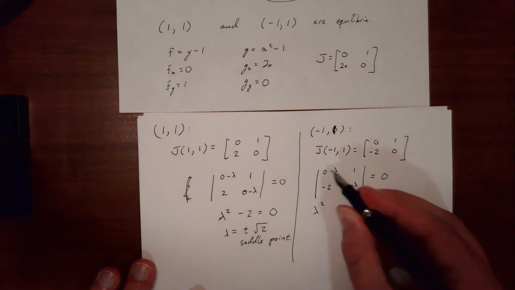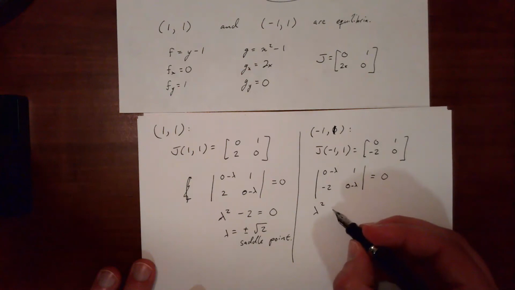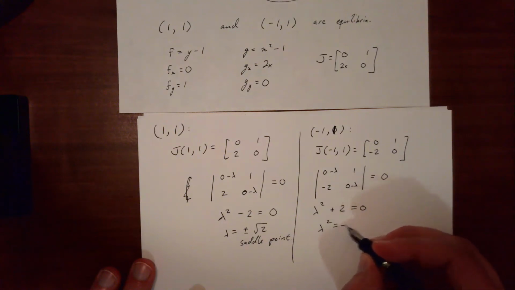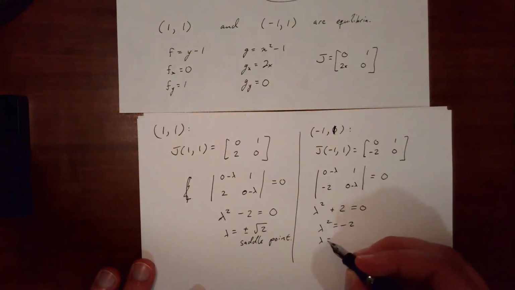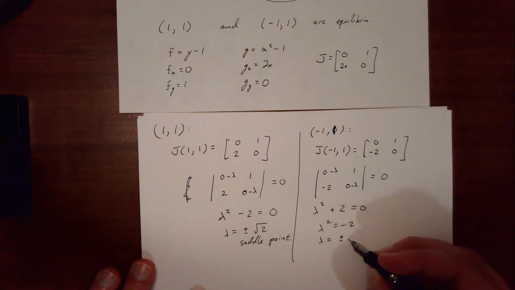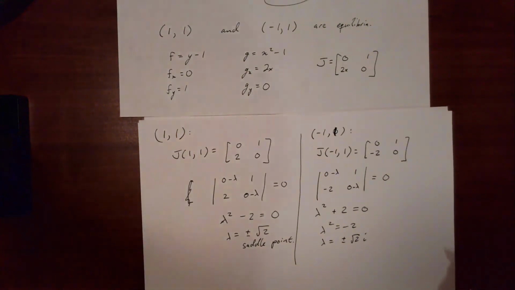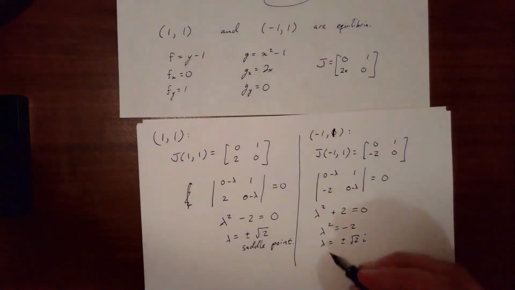It's going to be lambda squared plus 2 equals 0, which is going to give us lambda squared equals negative 2, which means that lambda is going to equal plus or minus root 2 i, which is a case of a complex conjugate pair of eigenvalues which have 0 for their real part, and so this represents a center.